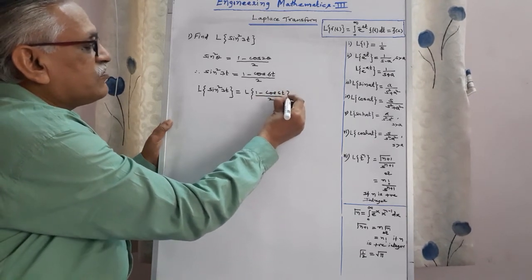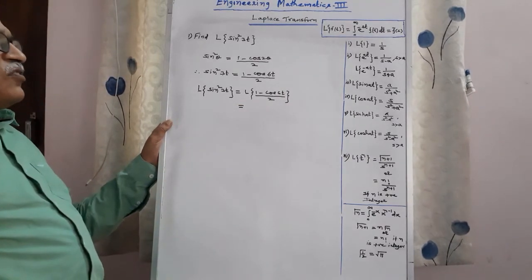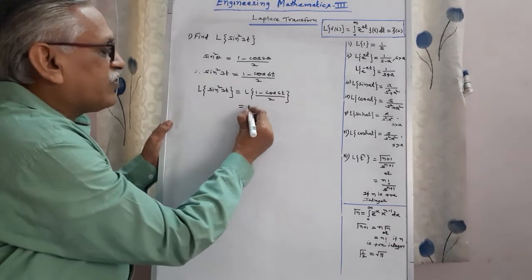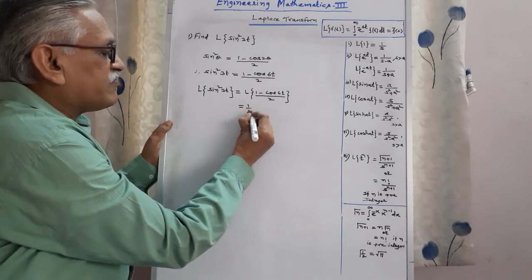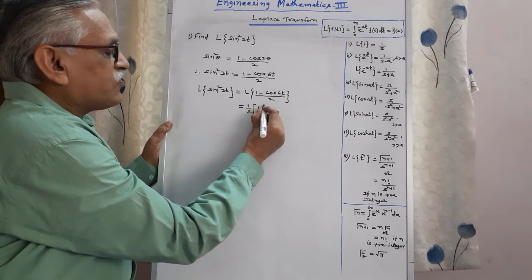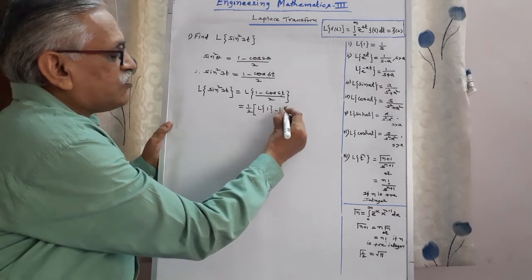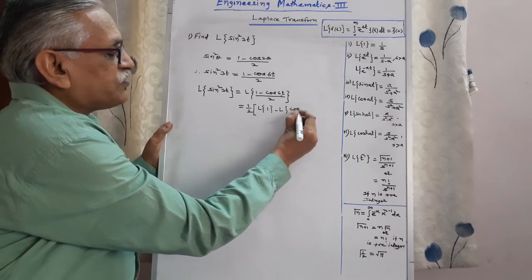divided by 2. Applying the property of linearity, the constant term we can take outside, 1 by 2 outside, and Laplace of the first term 1 minus Laplace of cos of 6t.